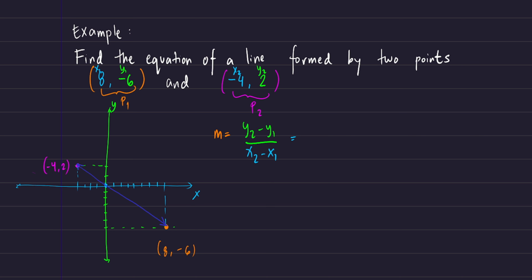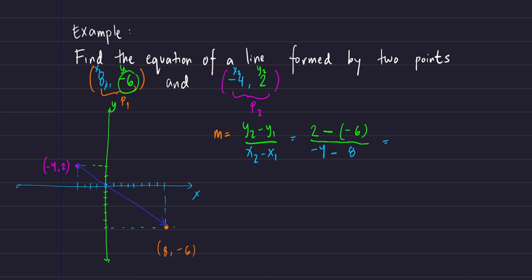And ang y sub 2 natin, nag-assign na tayo ng values. We have y sub 2 is equal to 2. So we have 2 minus, ang ating y sub 1 ay here, negative 6. So 2 minus negative 6 over x sub 2. At ang ating x sub 2 ay negative 4 minus the x sub 1, which is 8. So we have negative 4 minus 8.